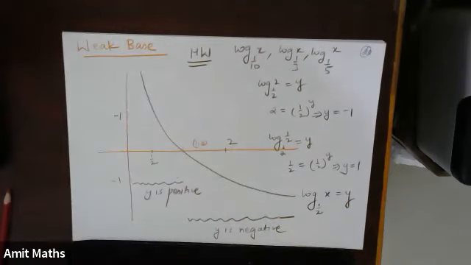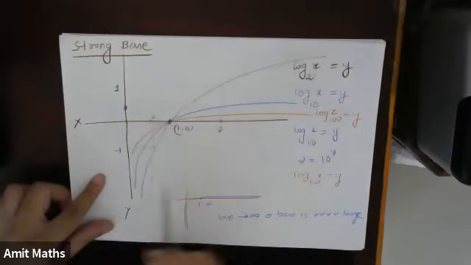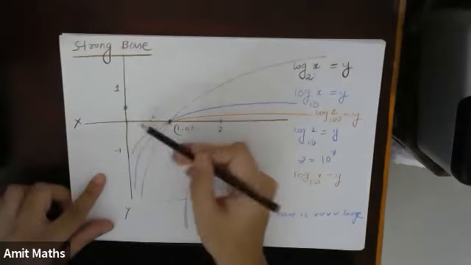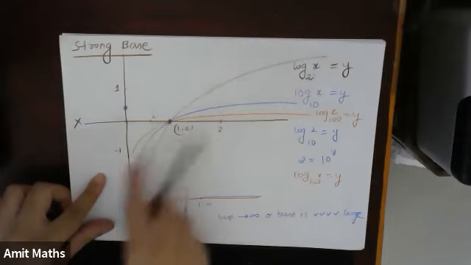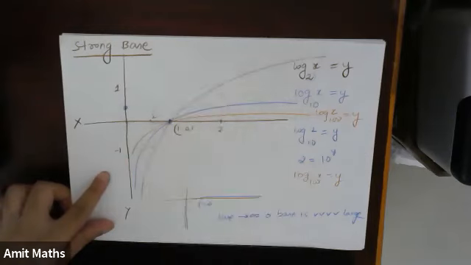This was exactly opposite in the previous case. In the previous case, when x is between 0 and 1, y was negative, and when x is greater than 1, y becomes positive.